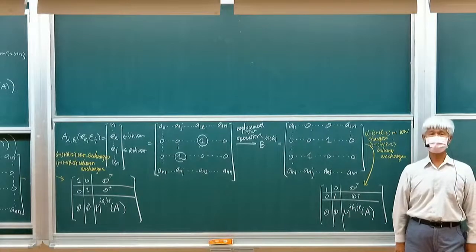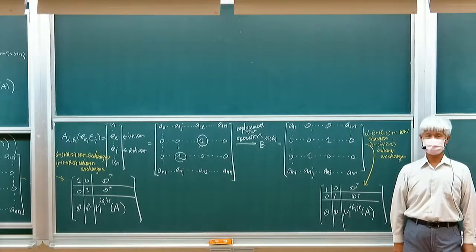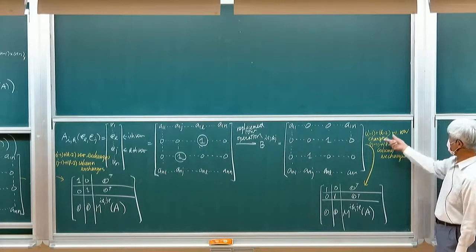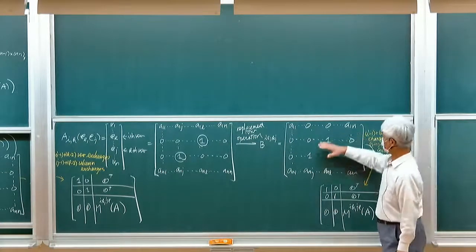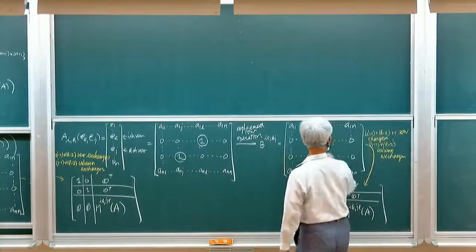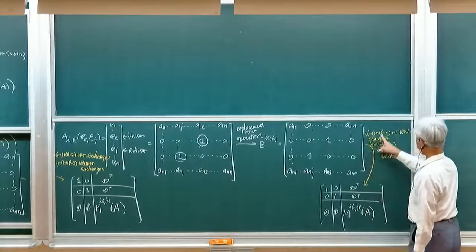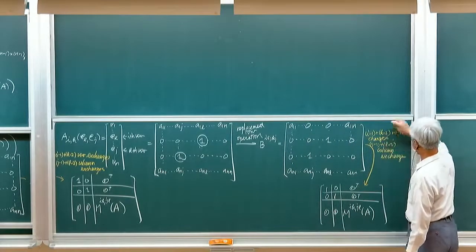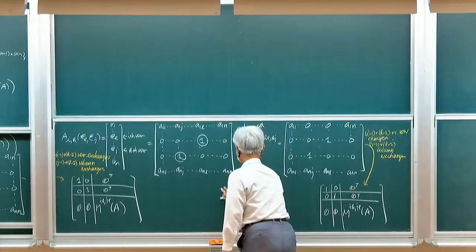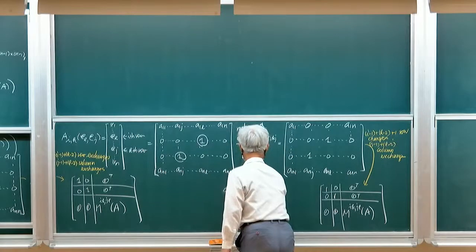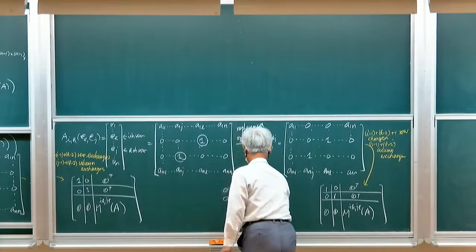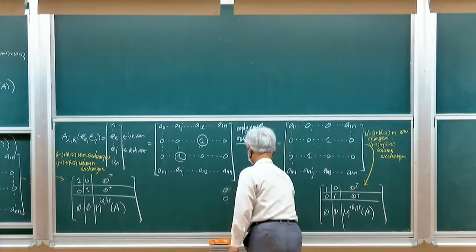Any questions? If you don't use one more row exchange to exchange these two rows, then after I minus 1 and K minus 2 row exchanges, you actually have 0, 0, 1, 0, and so on.